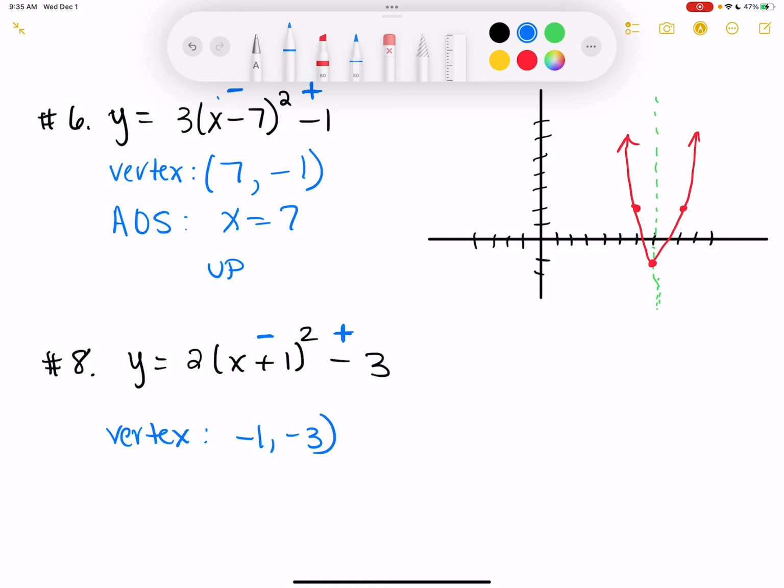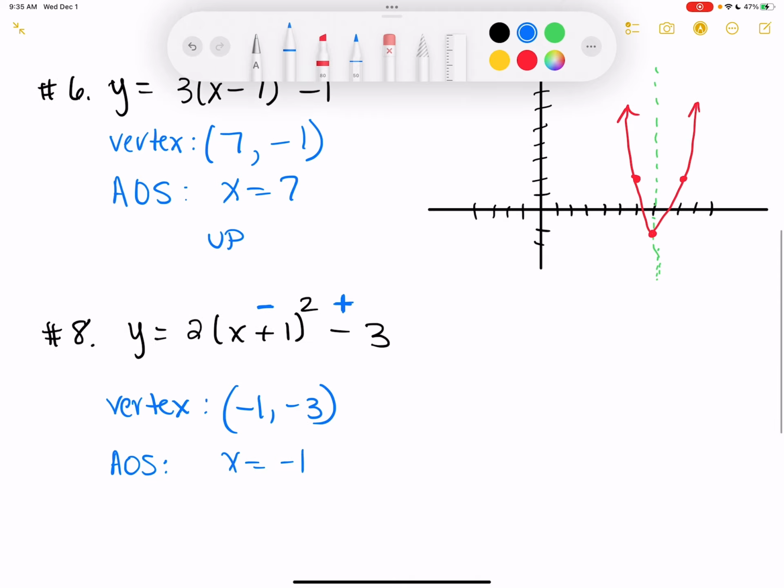What do you have to multiply it by? Essentially, it's what do you have to multiply by, 1 or -1, or do you have to not do anything. So the axis of symmetry is where? x equals -1, and are we opening up or down? Up.